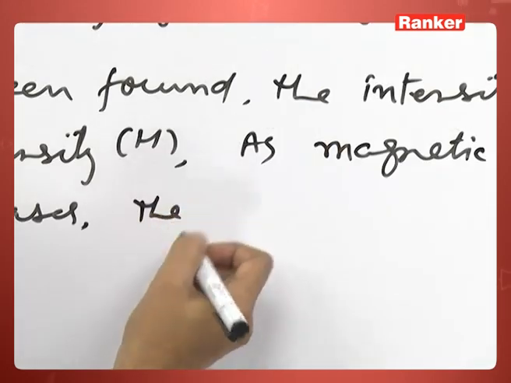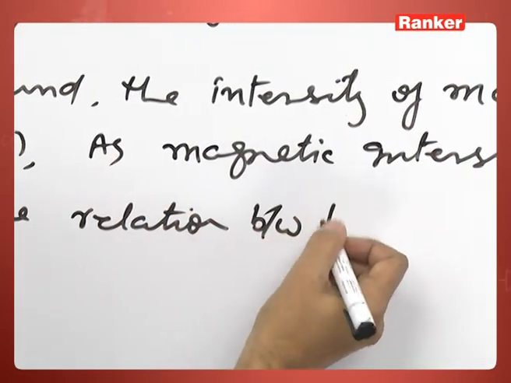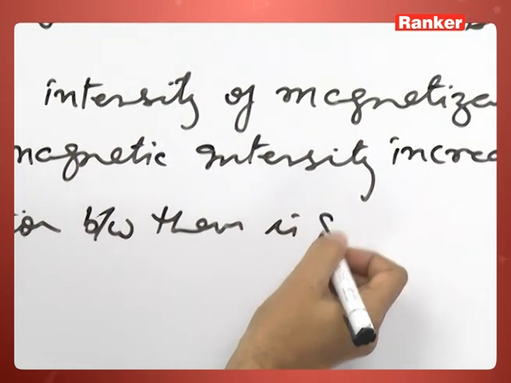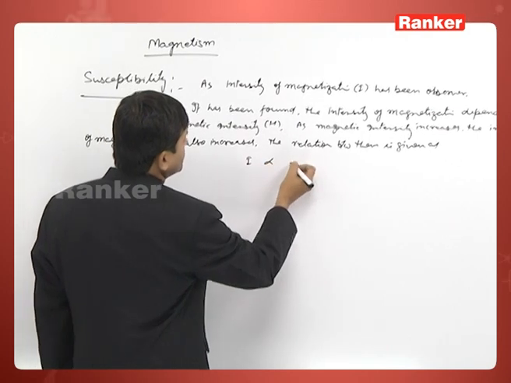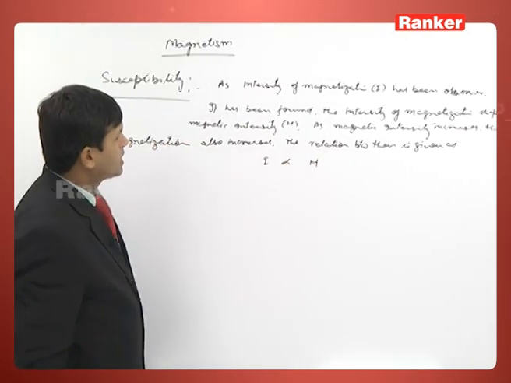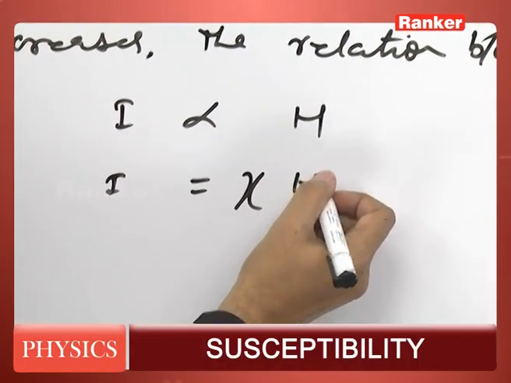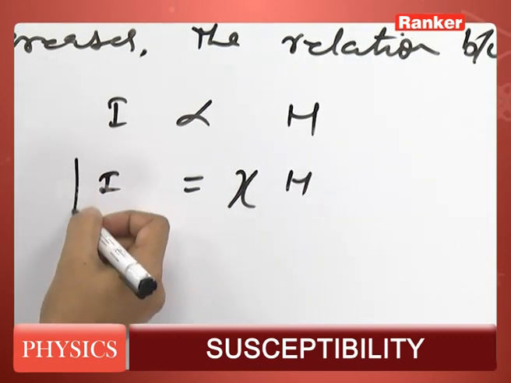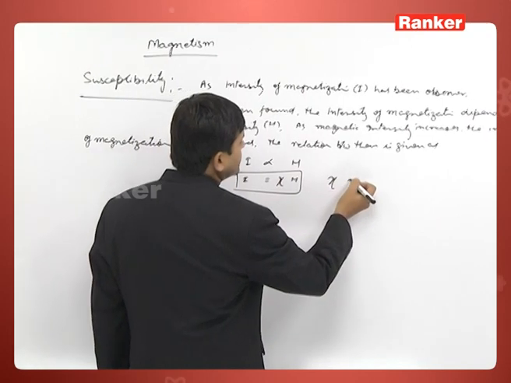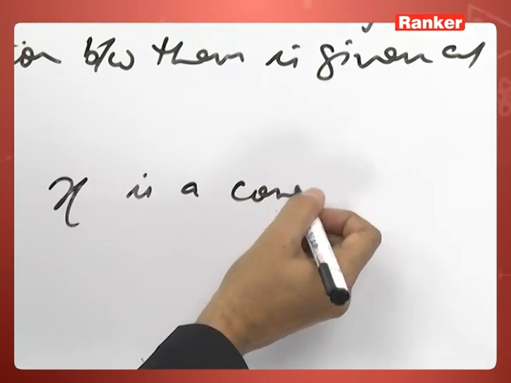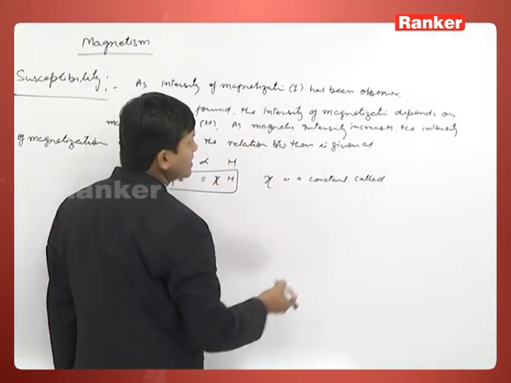So the relation between them is given as I is proportional to H. And now when we are removing the proportionality sign, one term we are getting, that is called psi. So psi is a constant called susceptibility of matter.